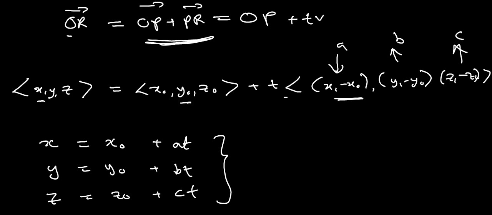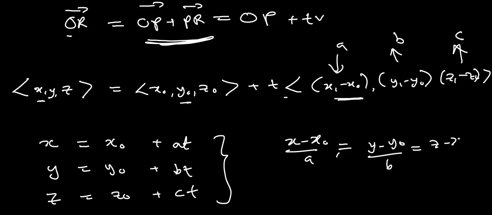We can also change them and write them like this by making T the subject of the formula. That's x minus x naught over a. We're making T the subject. In the next one, if we say y minus y naught over b, it has to be the same as z minus z naught over c.